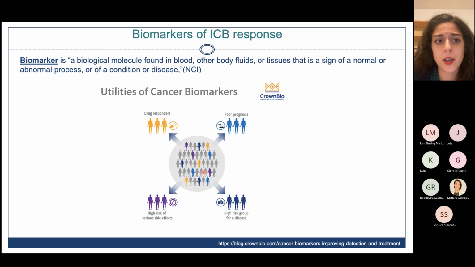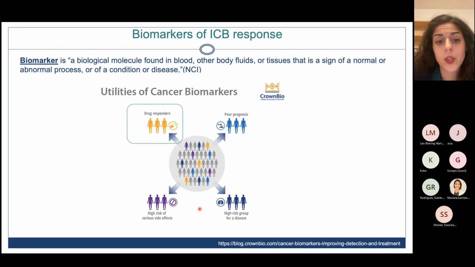So what is a biomarker? It's a biological molecule found either in the blood or the tissue that will follow up the disease. So actually you can have a biomarker that will indicate a poor prognosis, a high risk group for a disease or serious side effect.